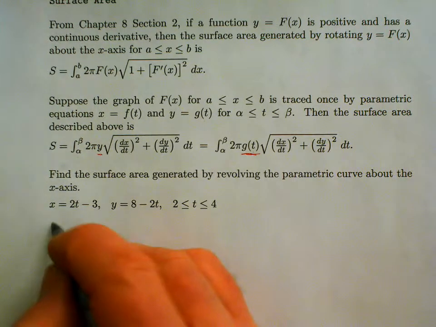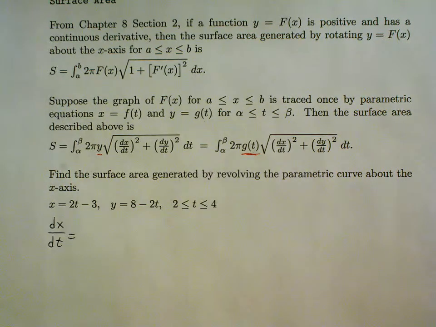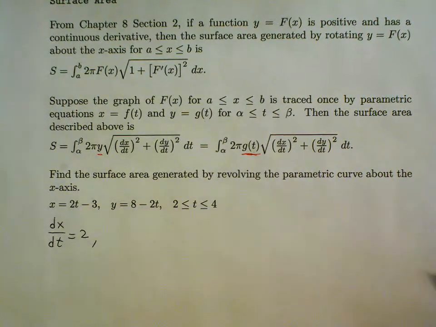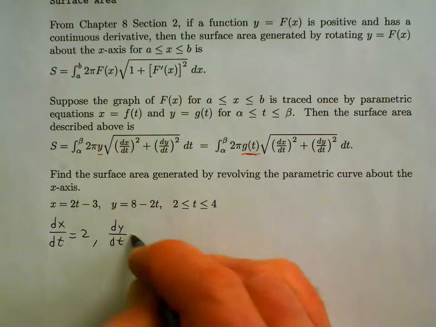Okay, we need to know what the derivative of x with respect to t is. That's just 2. And the derivative of y with respect to t is negative 2.